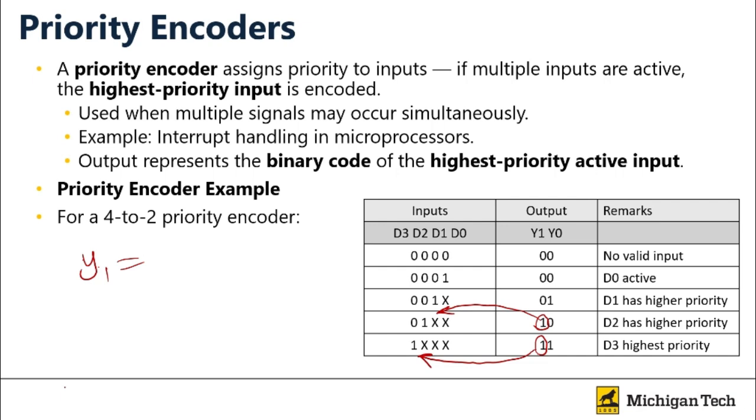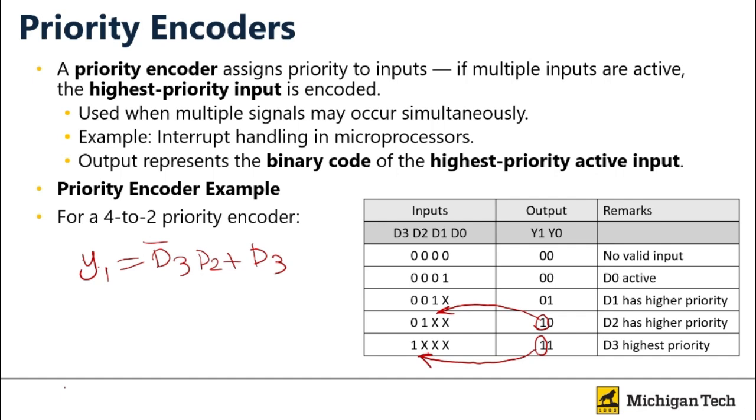But here it is not like that. Because we have don't cares, we need to write even the zeros as well. So here, it's D3 bar D2 plus D3.